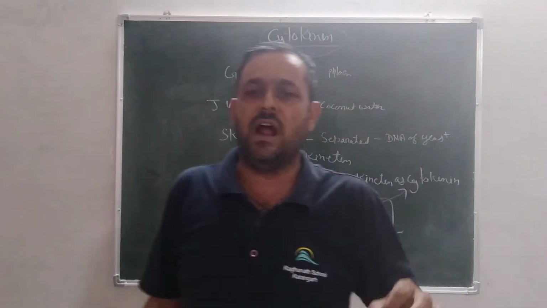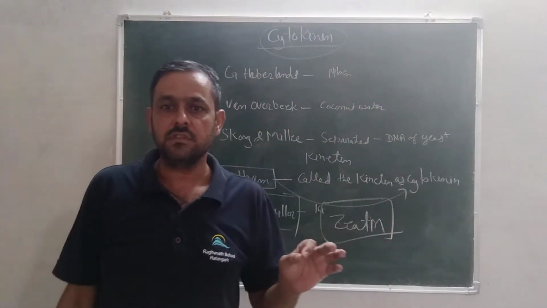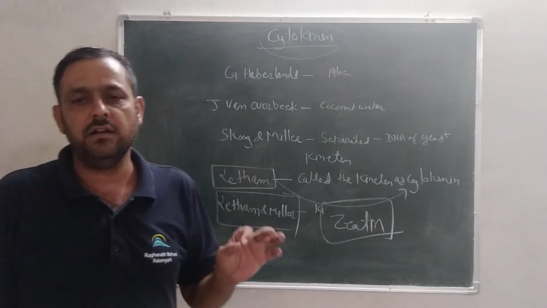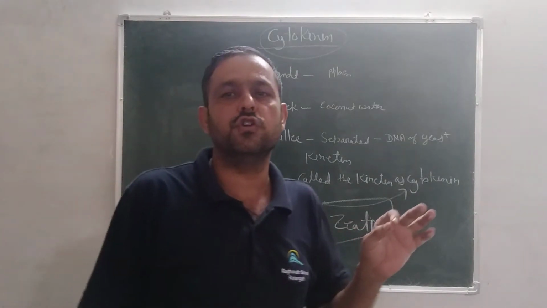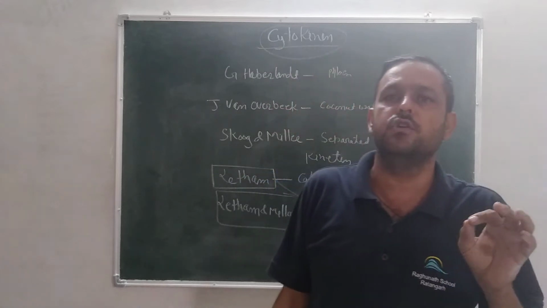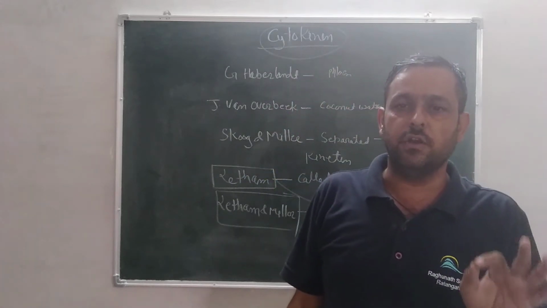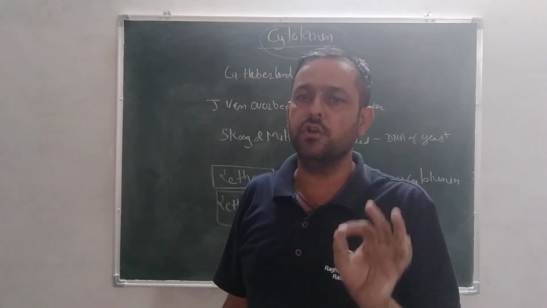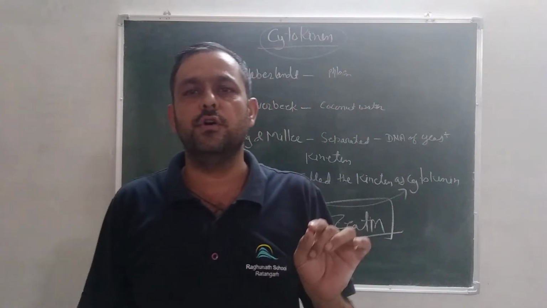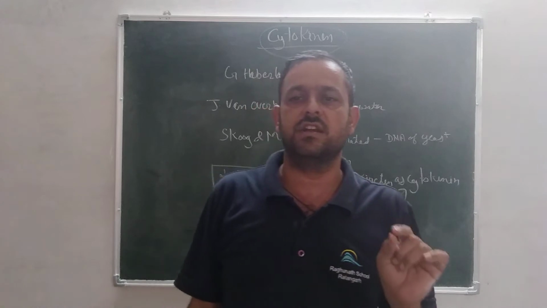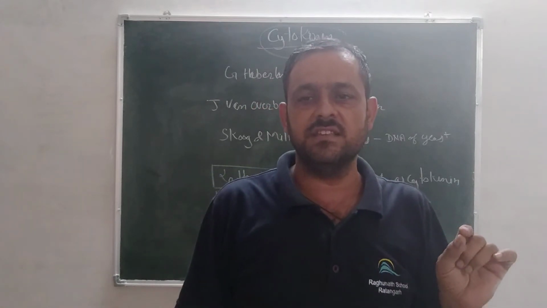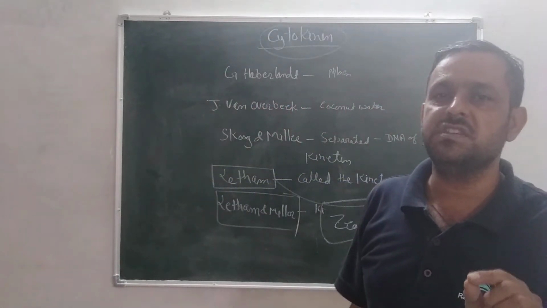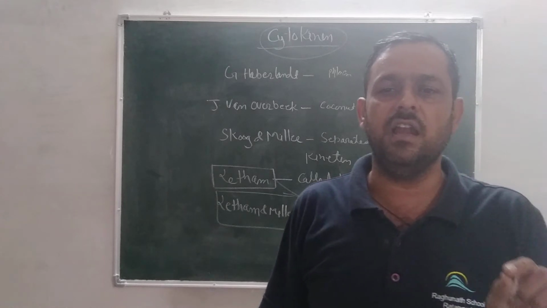Cytokinin is a plant hormone which is produced from the decomposition of nucleic acid. Structurally, these are aminopurines which can increase cell division.